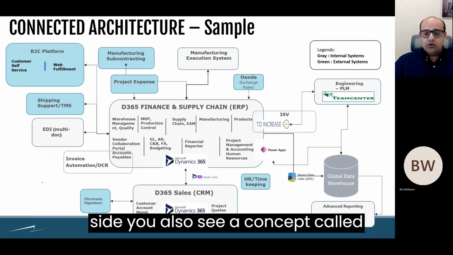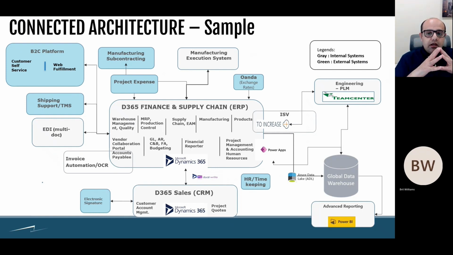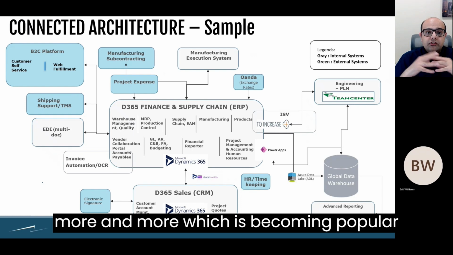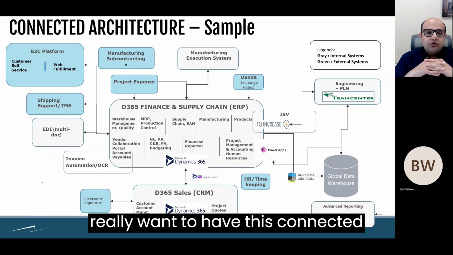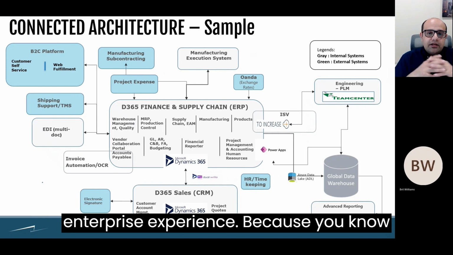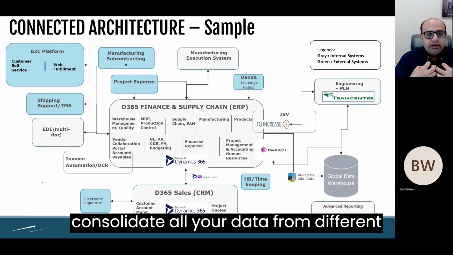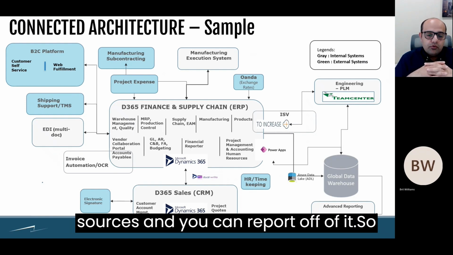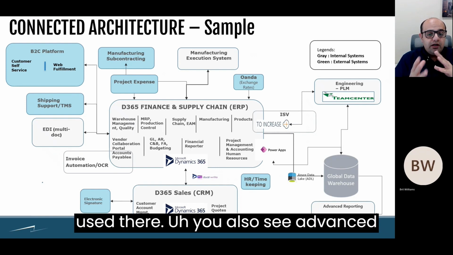On the right-hand side, you also see a concept called Global Data Warehouse, which is becoming more and more popular with organizations who really want this connected enterprise experience. This is where you can consolidate all your data from different sources and report off of it. As you can see, Azure Data Lake is used there.